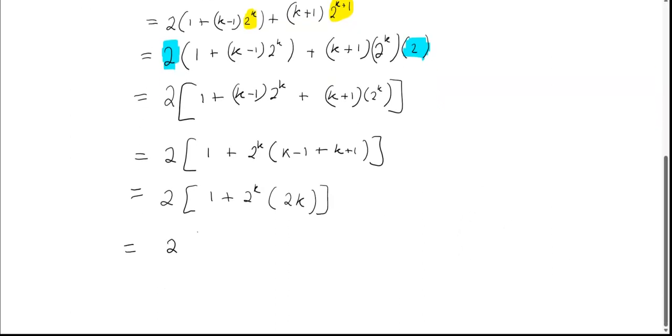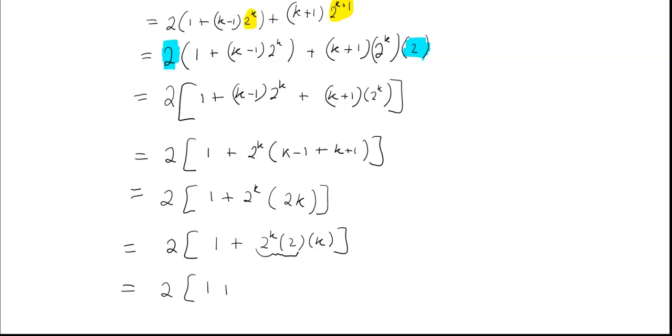Now, all we need to do is try and make it look like the answer we want. So I'm going to get 2 to the k times 2 times k. And now this bit here, that's 2 to the power k plus 1, isn't it? And then that's times k. Well, with the k, I could write the k as k plus 1 minus 1, 2 to the power k plus 1.